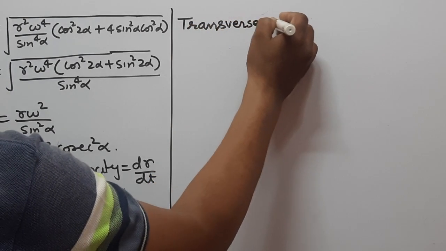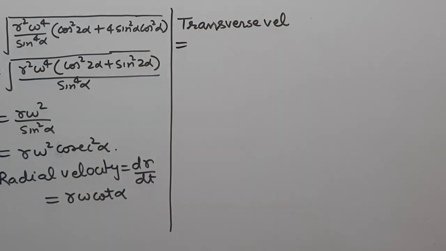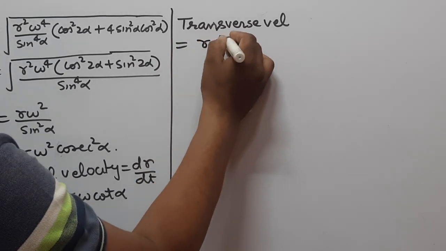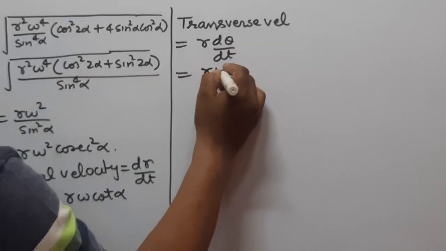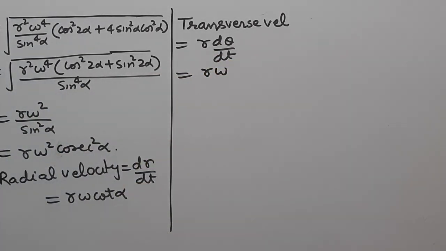We know that the transverse velocity is r dθ upon dt. Now dθ upon dt is the angular velocity, which is given constant, so this is r ω.